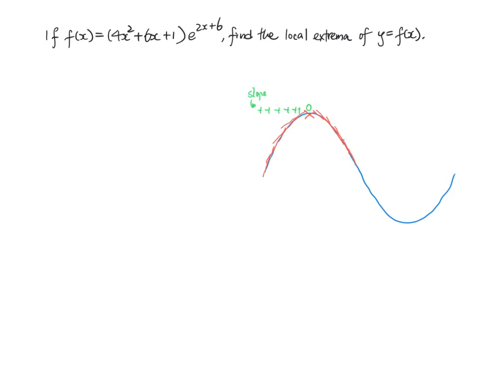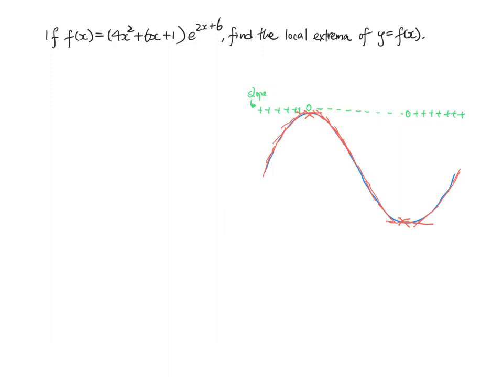The function decreases, which means your slope is negative, until here, when your slope becomes 0 again, because the slope of the tangent line equals 0, which eventually comes back up. The function increases as your derivative is positive.